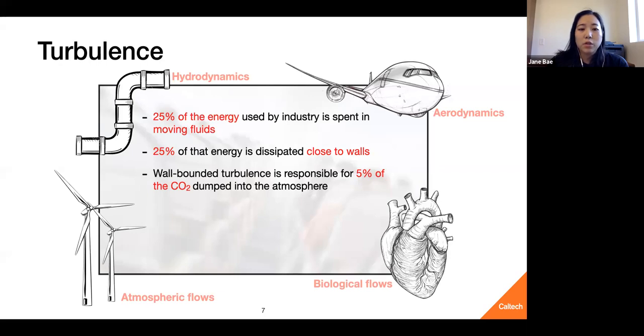So from a practical standpoint, understanding turbulence and figuring out how to first model it and then control it is quite important. On top of that, Richard Feynman famously mentioned that turbulence is the most important unsolved problem of classical physics. So just from a scientific point of view, turbulence is a very important problem.